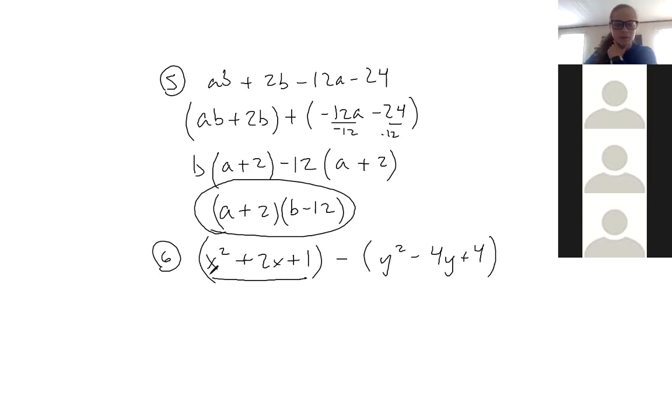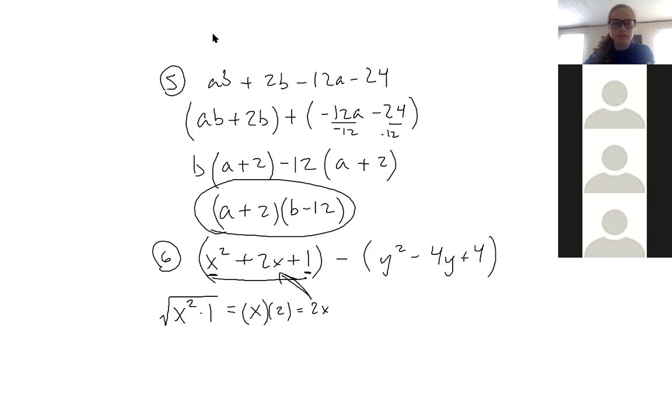Remember, I look at the first term and the last term. Are those perfect squares? Yes, I can take the square root of x squared. I can take the square root of 1. So multiply those two terms together and take the square root of it. What do you get? x. Multiply that by 2, and that's 2x, which is my middle term.